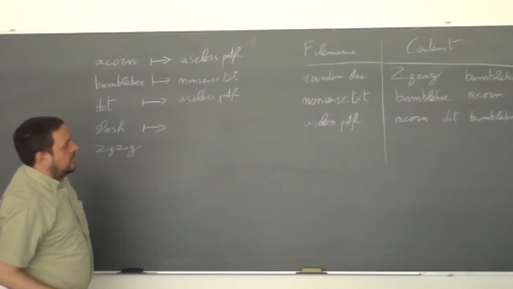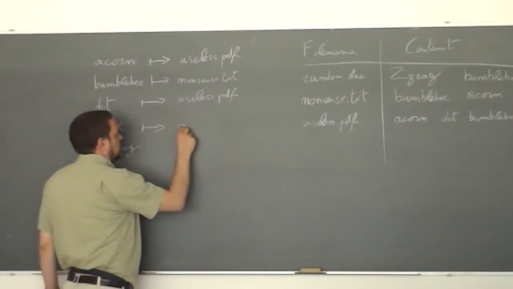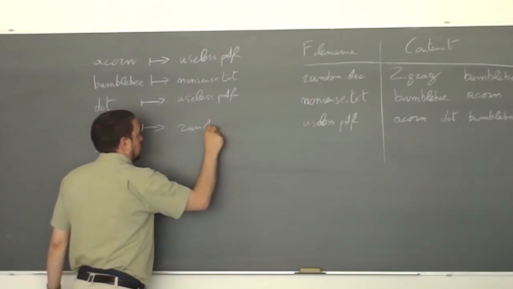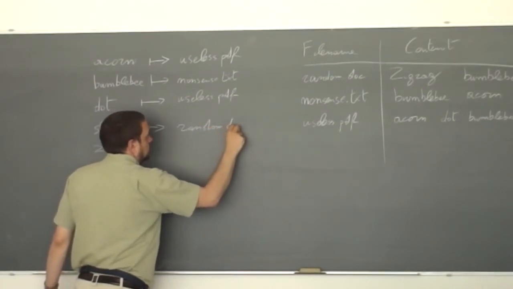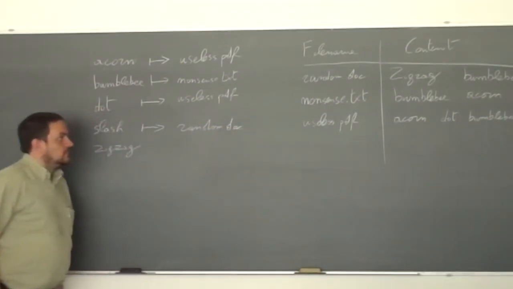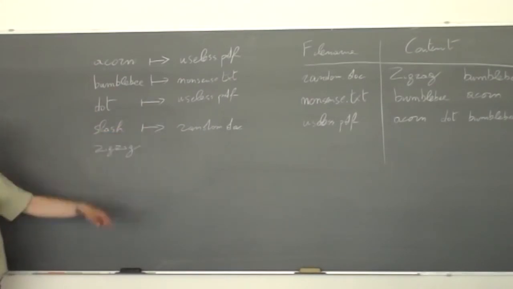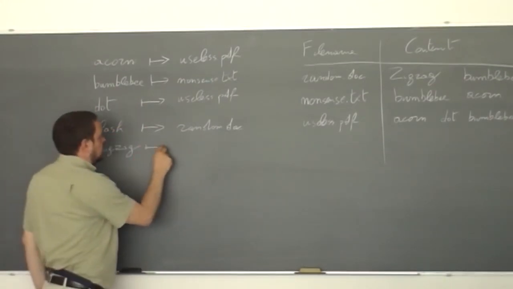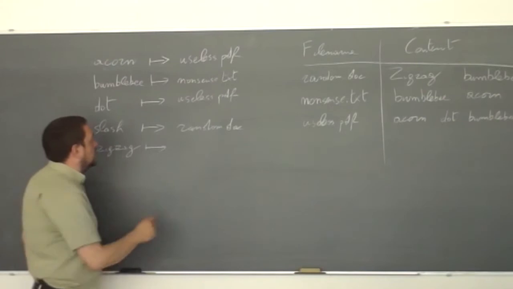Slash appears in third position in random doc, while it appears in the 4th position in the other 2. And finally, zigzag, of course, is mapped to random doc.